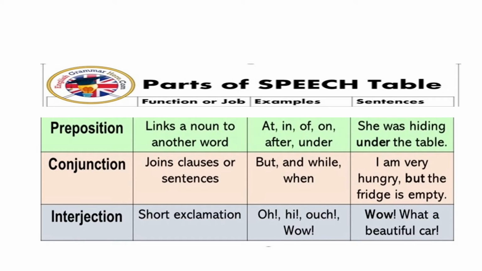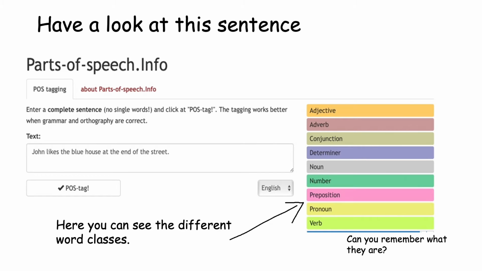Okay, so what we are going to do, we're going to have a look at this sentence. Now, in here, it's got John likes the blue house at the end of the street. And as you can see, going down in the multicoloured table, I have got adjectives, adverbs, conjunctions, determiners.